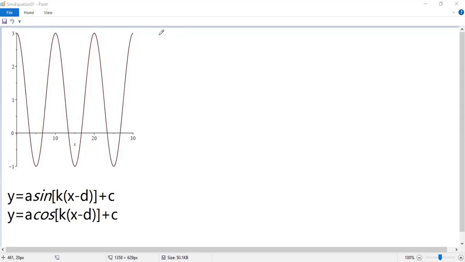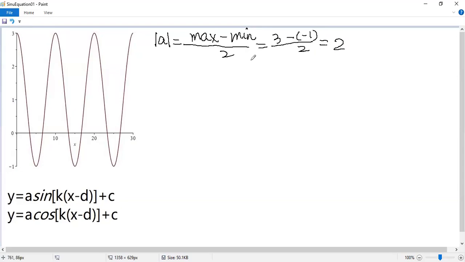Let's see. The amplitude, the absolute value of a, equals maximum minus minimum divided by 2. So it equals 3 minus -1 divided by 2, which equals 2.